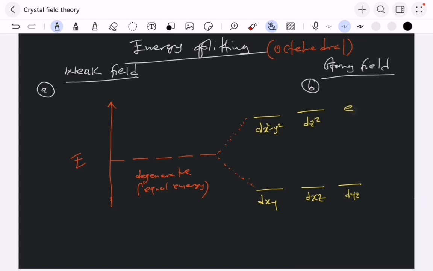We're saying these are called the EG, and these are known as the T2G. So there is this splitting. This splitting is what is referred to as the crystal field splitting, which in an octahedral is represented by a delta, delta O.